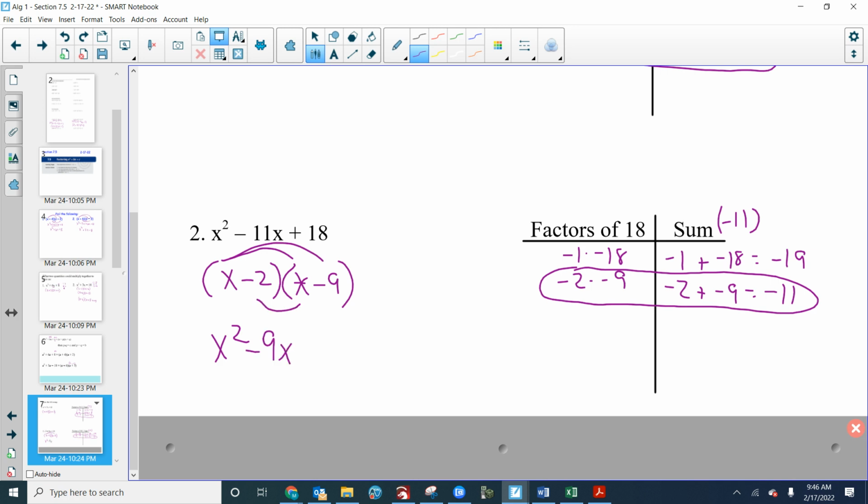What's negative 2 times x? What's negative 2 times negative 9? Liv, what do my 2 middle terms add up to? Is it right? Yes, I'm right. It's x minus 2, x minus 9. Now, could you write x minus 9, x minus 2? Yes, doesn't matter the order.